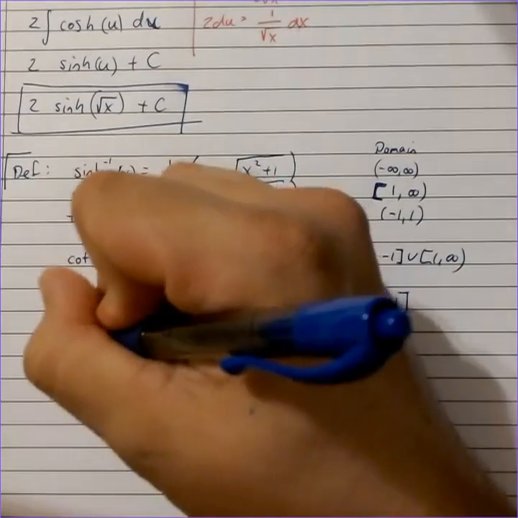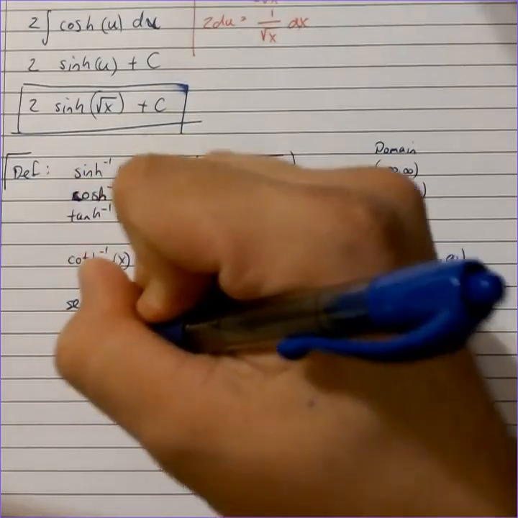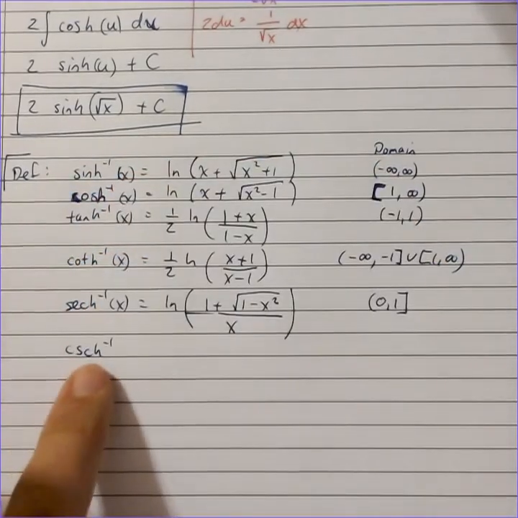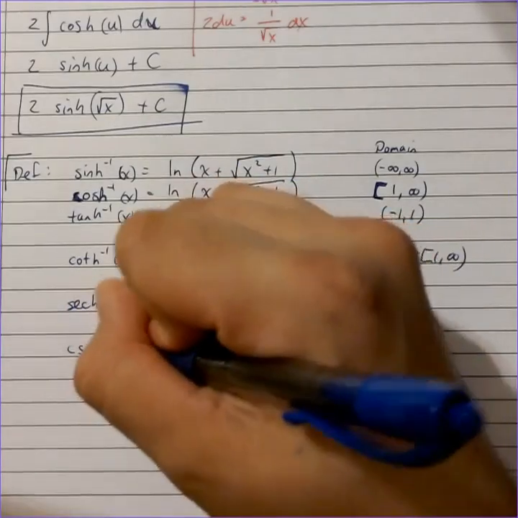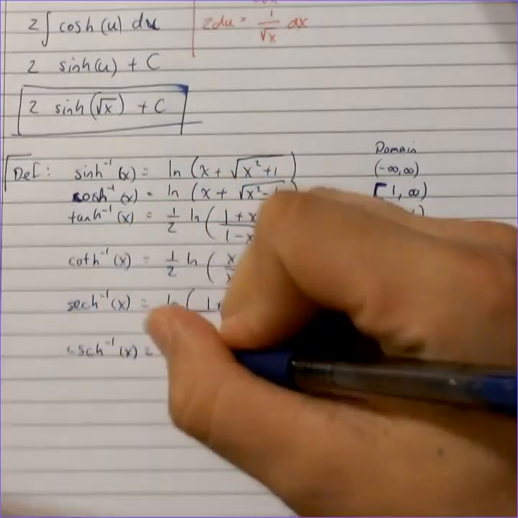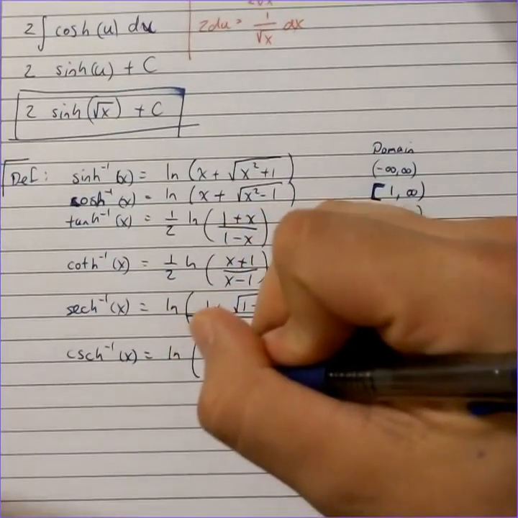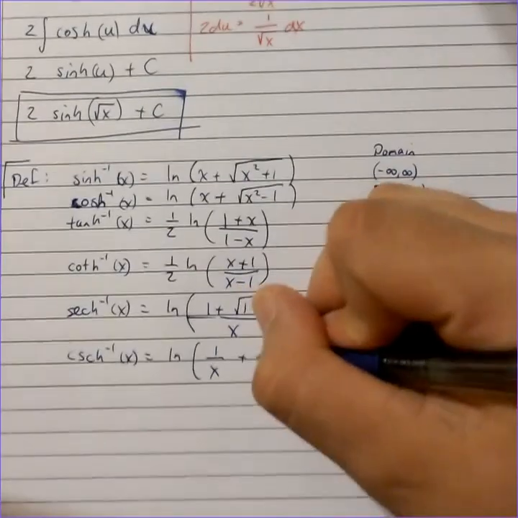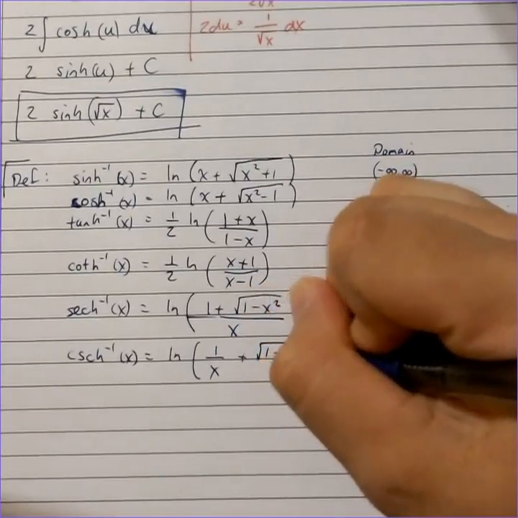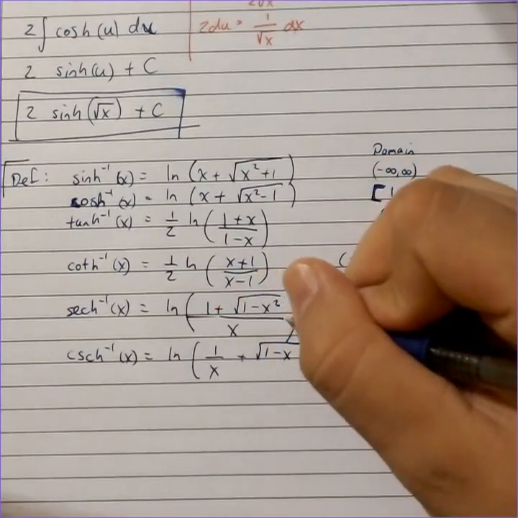And finally, the inverse hyperbolic cosecant function, that's a mouthful, isn't it? Csch inverse of x is equal to the natural log of 1 over x plus the square root of 1 minus x squared. No, that's for that one.